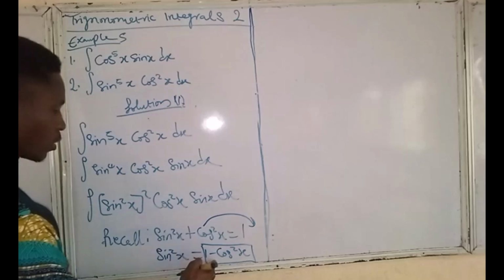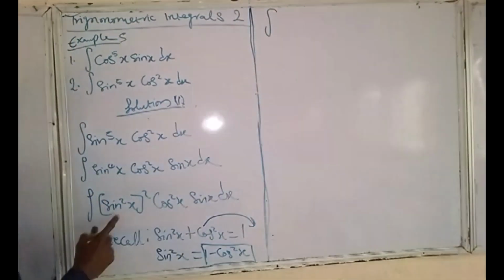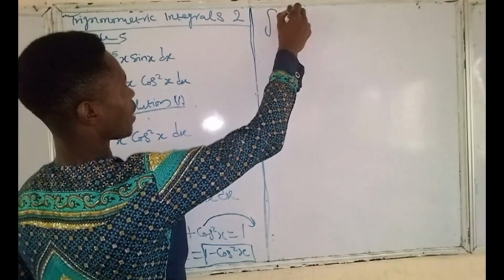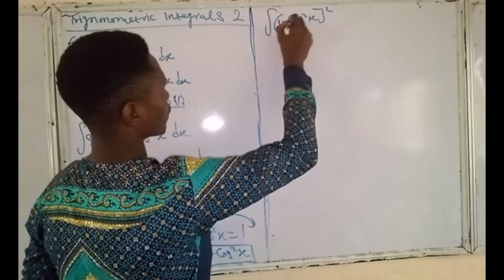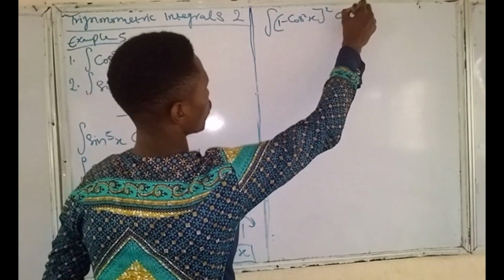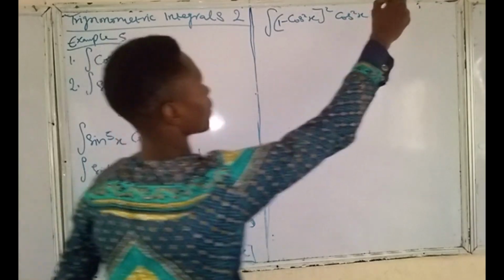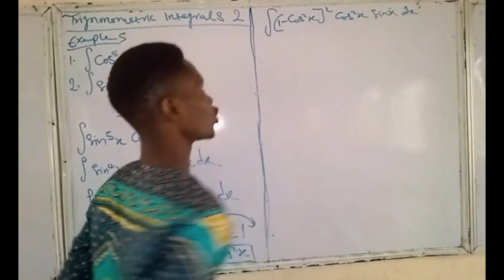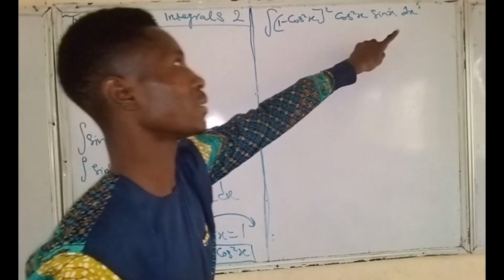So we now have the integral of (1 minus cos²x)² cos²x sin x dx. So you can now see that we have more terms of cos than sin.